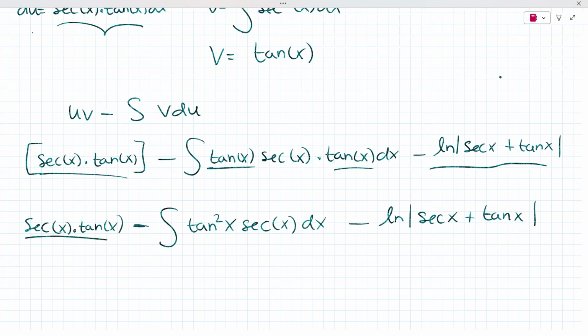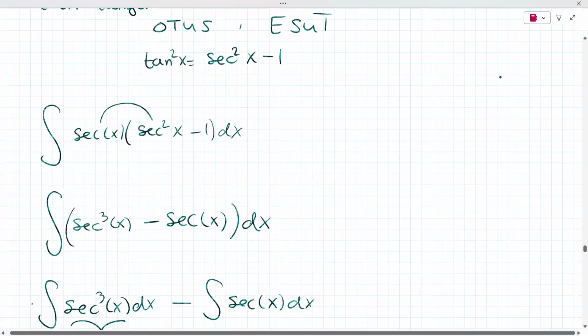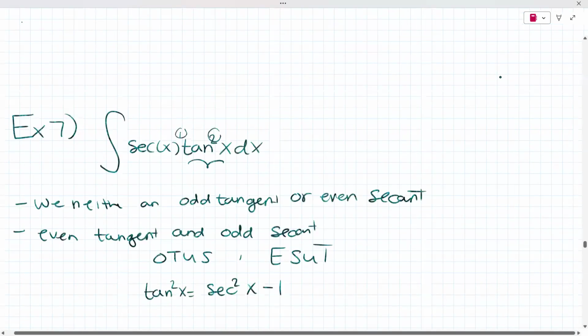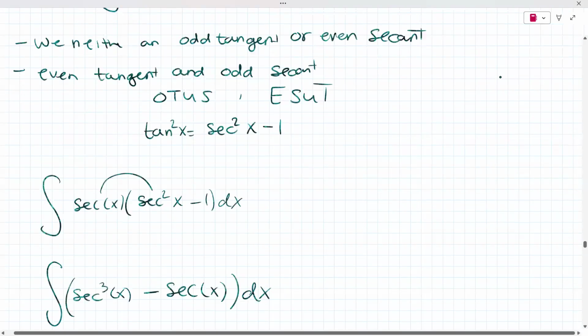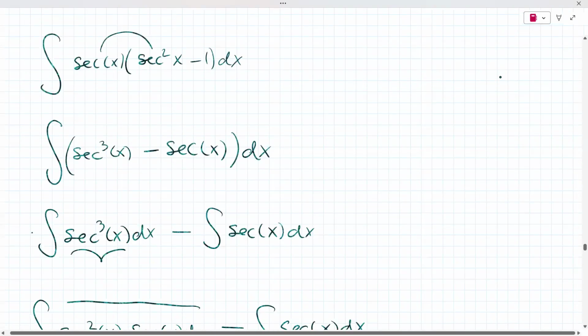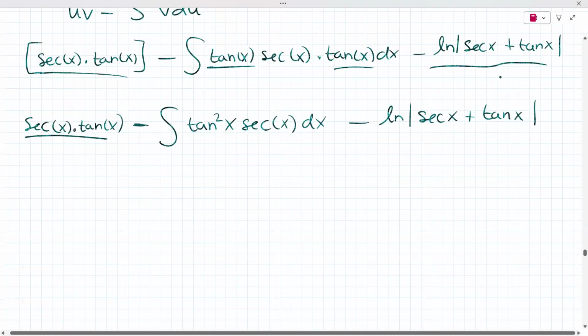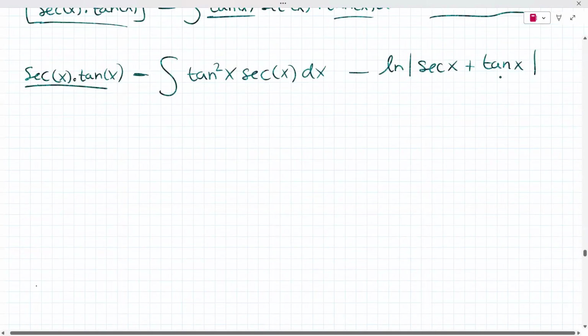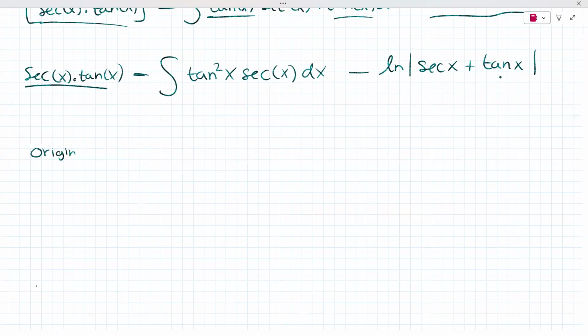So this was our original integral, right? If you go back, secant of x, tan of x, yeah, that was one of our original integrals. So we can replace this with the original integral.